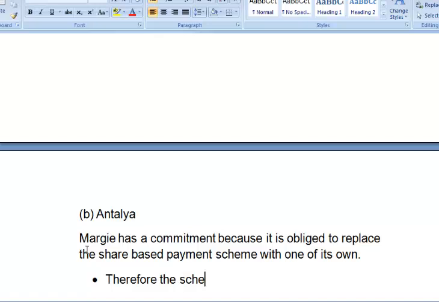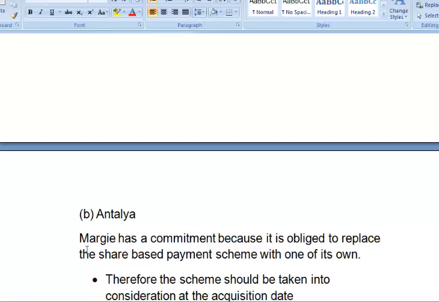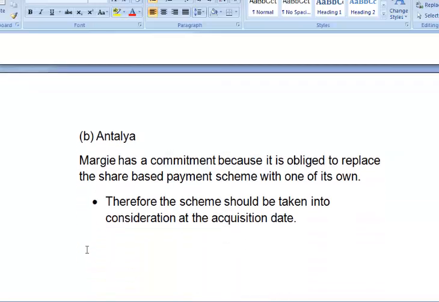Therefore, the scheme should be taken into consideration at the acquisition date.